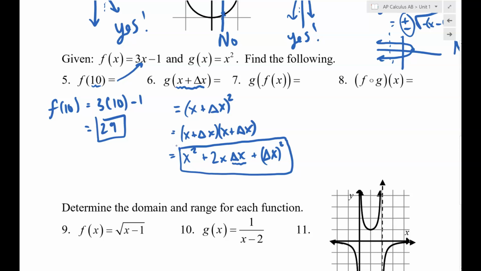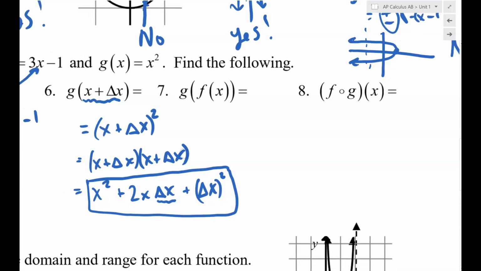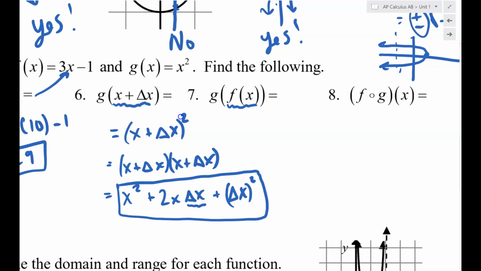Now we're going to get into composition, which should be reviewed. We talked about this in Accelerated Math 3. Function notation, or composition notation, is just placing one function inside of another. So here where it says g of f of x, I'm going to take my g of x function and plug in f of x wherever there is an x.